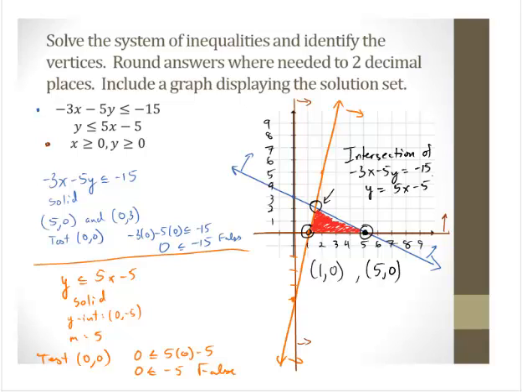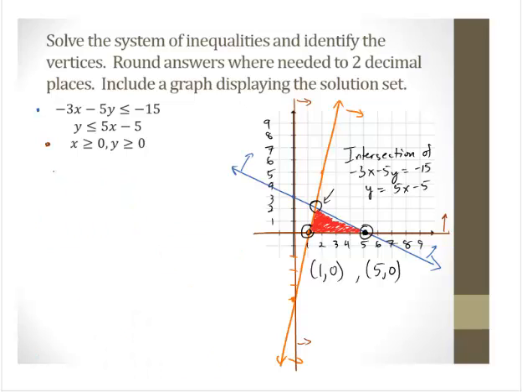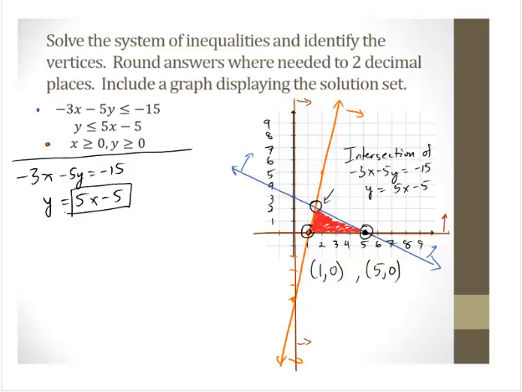I'm going to erase my previous work here on the left. Alright, so we need to now solve the system: negative 3x minus 5y equals negative 15 and y equals 5x minus 5. I'm going to use substitution because I already have y equals 5x minus 5, so I'll substitute that for y in the other equation.